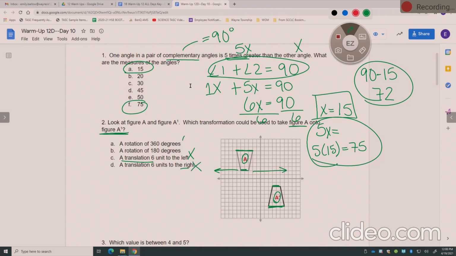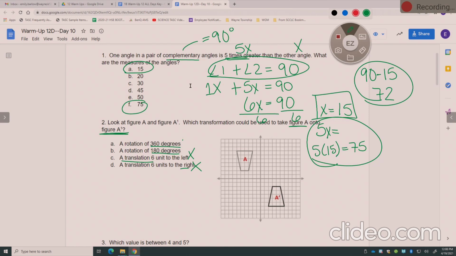Neither one of those is going to change the position of our short line and our long line. So translations are not going to work. So we're looking at either a rotation of 360 degrees or a rotation of 180 degrees.